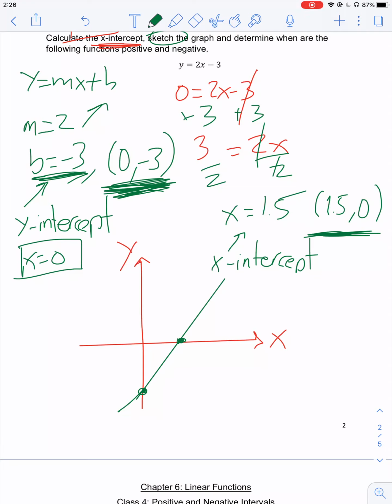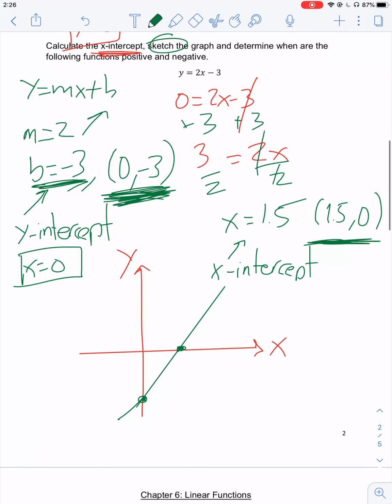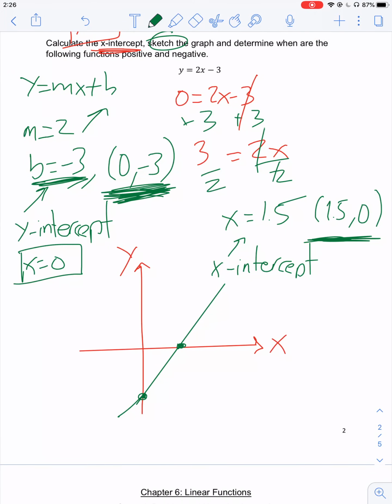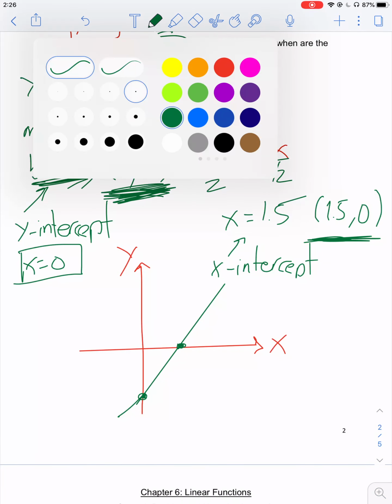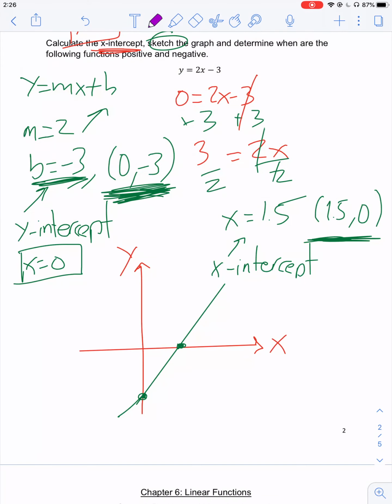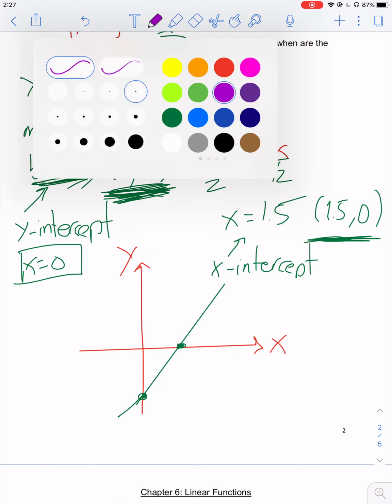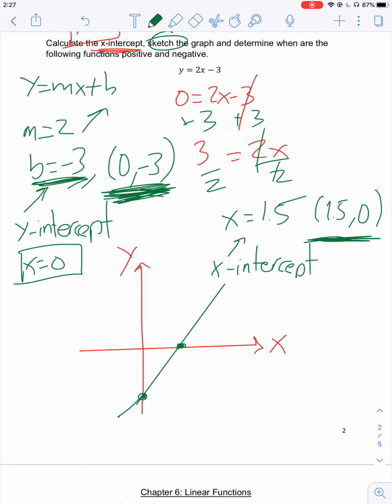Now, the question is, when is my function positive? I haven't really defined positive, so I'm going to define it by giving you this example. Let's label the points as well. This is the point where my x value is 0 and my y value is -3.